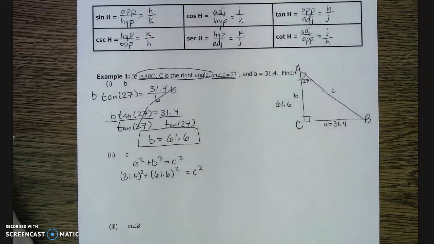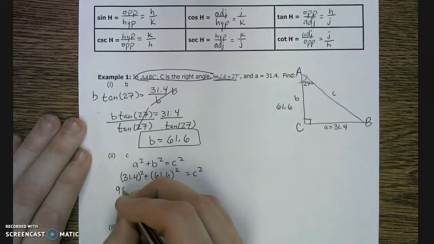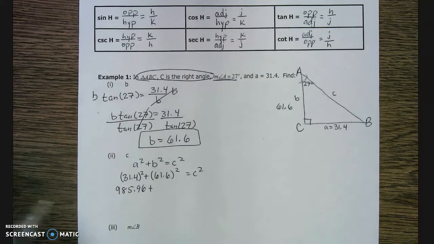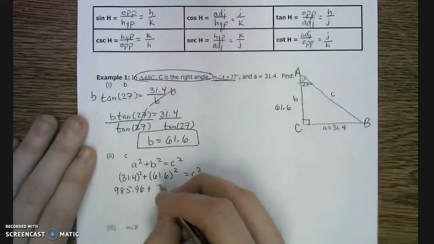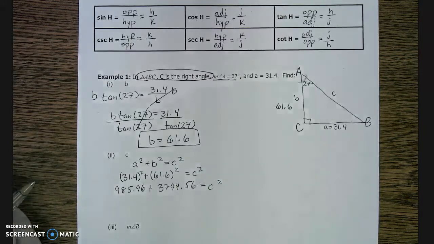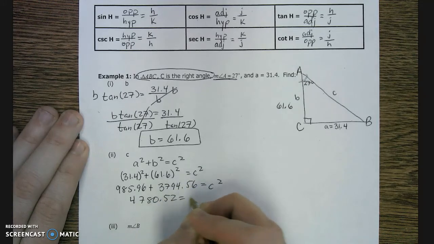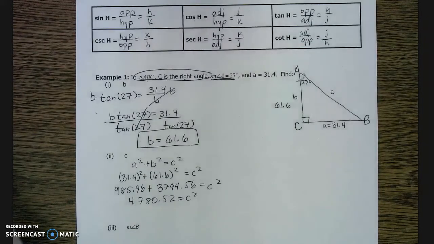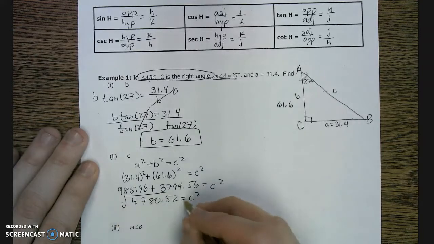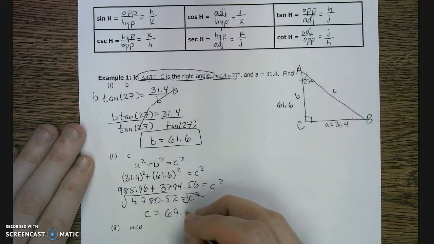If I square these, 31.4 squared and 61.6 squared, add them together, and take the square root, we get c to be 69.1.